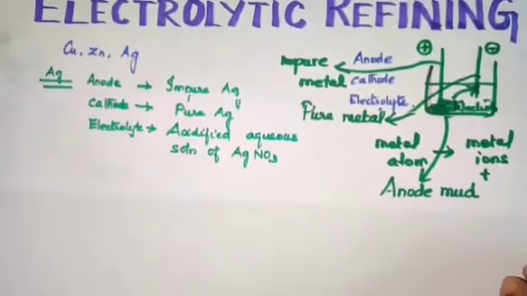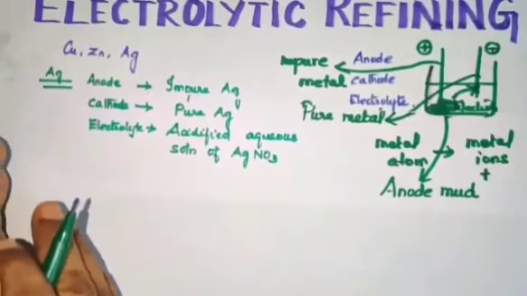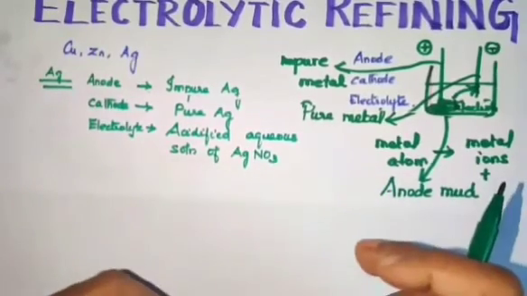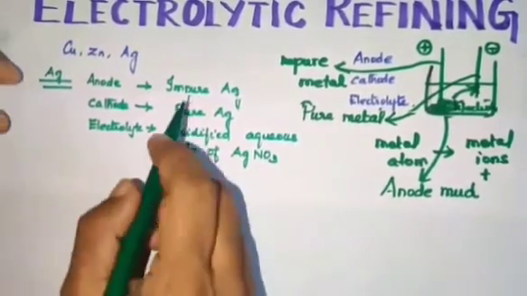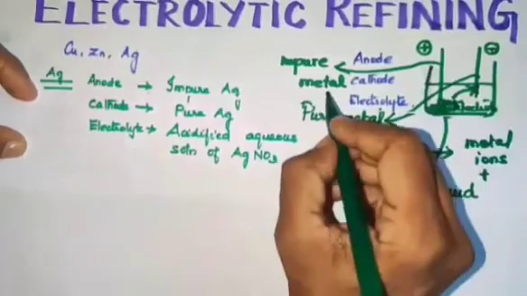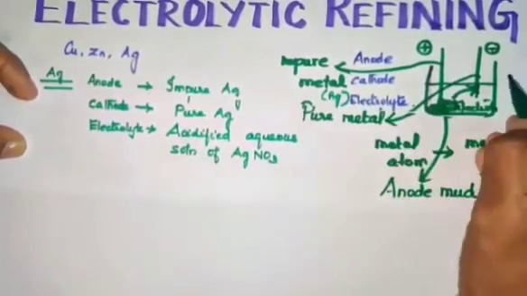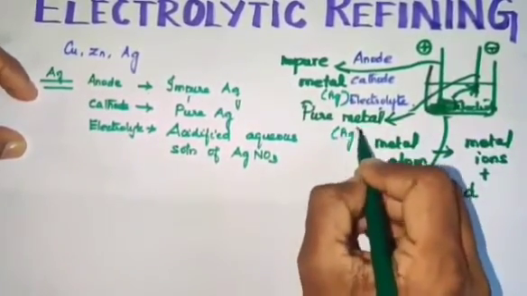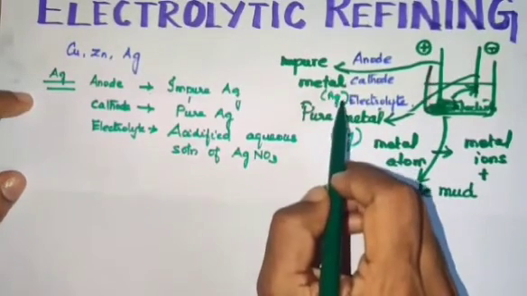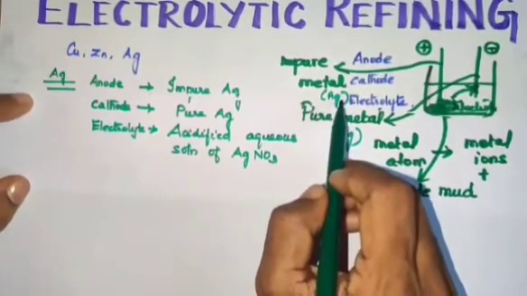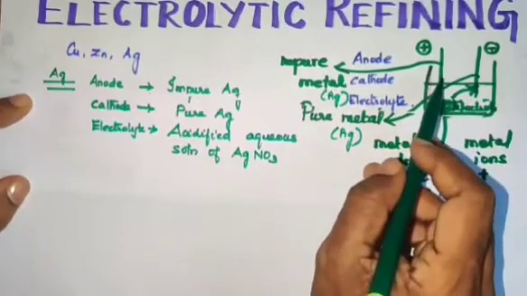With the use of this, we are going to purify that silver. Already we learned how to set up this electrolytic cell. Anode is impure silver metal, and cathode is pure silver metal.